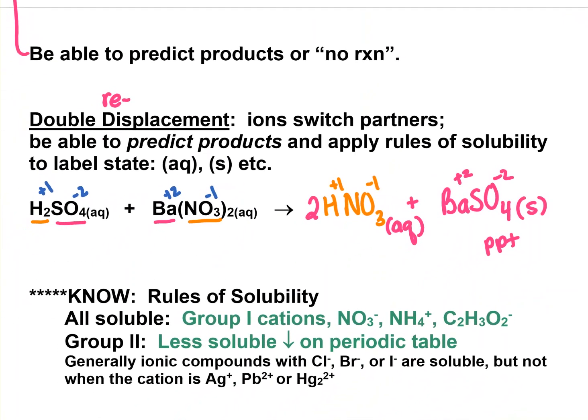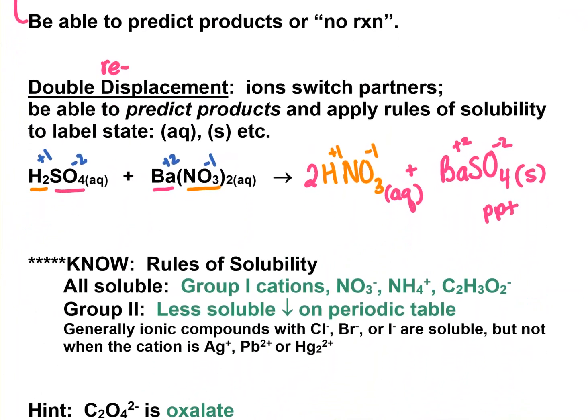And then we're going to do a few more of these, but you need to know your solubility rules. These are the ones that you need to know for lab. Your experiment today involves group 2 ions, like magnesium and barium and calcium, those in the second column of the periodic table.